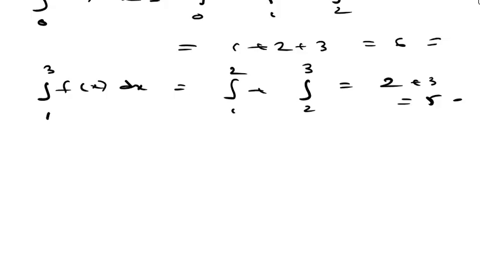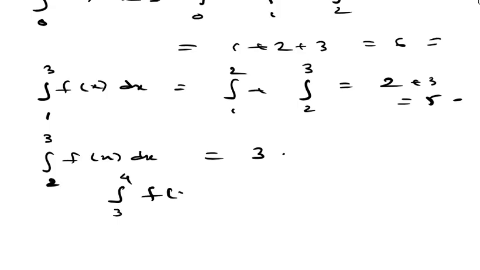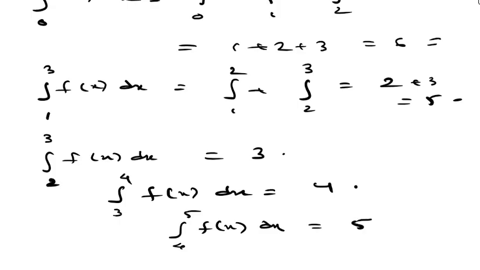And the third term, the integral of 2 to 3 of f(x) dx, is equal to 3. The fourth term, 3 to 4 of f(x) dx, is equal to 4, and the fifth term, 4 to 5 of f(x) dx, is equal to 5.